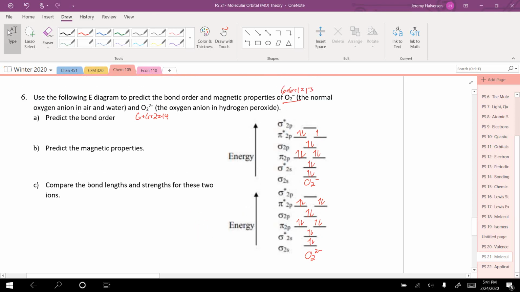Okay. Bond order: O2 minus is going to be bonding 2, 4, 6, 8, minus antibonding 2, 4, 5, divided by 2, gives me a bond order of 1.5. O2 2 minus is going to be bonding 2, 4, 6, 8 minus antibonding 2, 4, 6 divided by 2, gives me a bond order of 1.